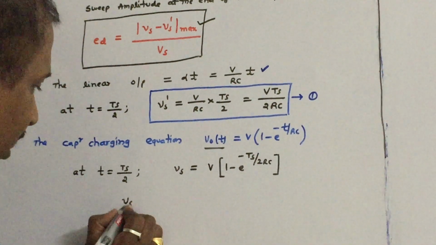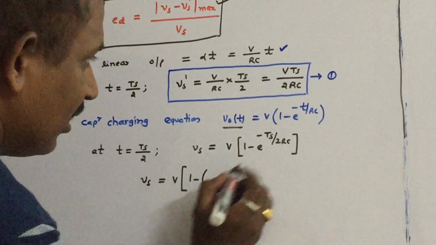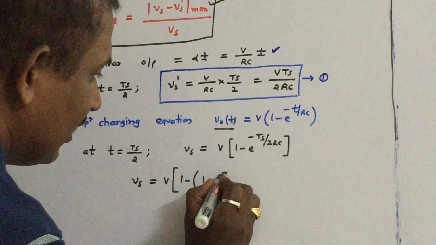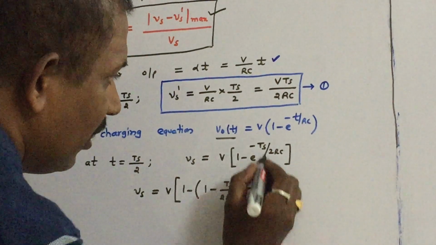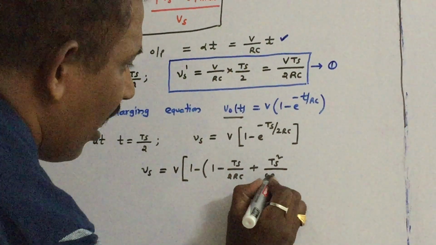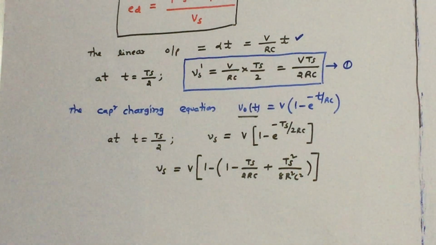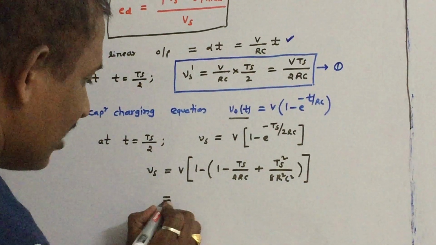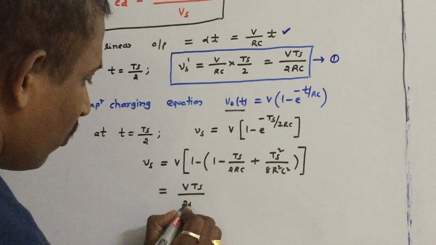Just to substitute, Vs' is equal to V into 1 minus, as we have already written the equation for this, 1 minus x plus x square by 2 factorial, where x is Ts by 2RC, so that means it will become Ts square by 8R square C square. Neglect higher order terms. 1 will get cancelled out. Take Ts by 2RC as common.